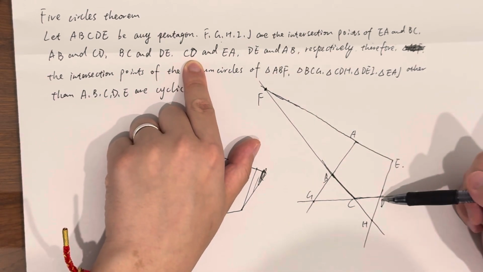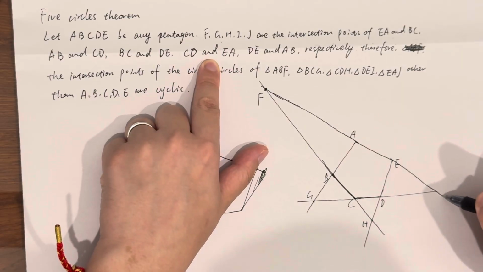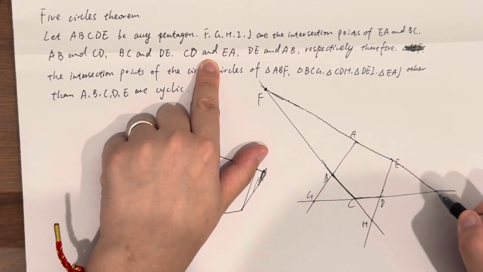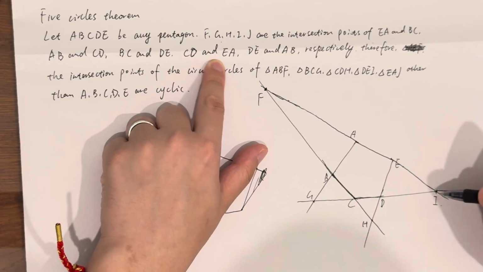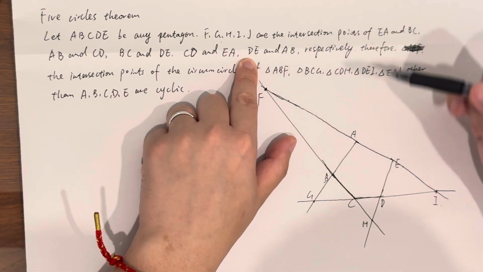I would be CD and AE. J is the intersection point of DE and AB.